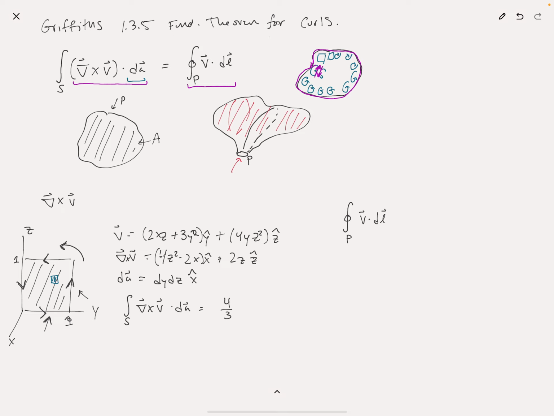In the end, we're going to have 4 integrals: an integral over the top, the left, the bottom, and the right. And what do you think that total should be if I add up all of those 4 components?